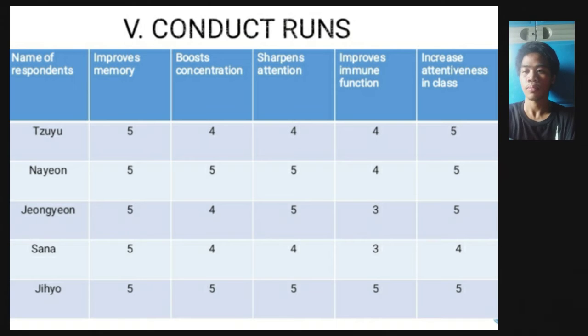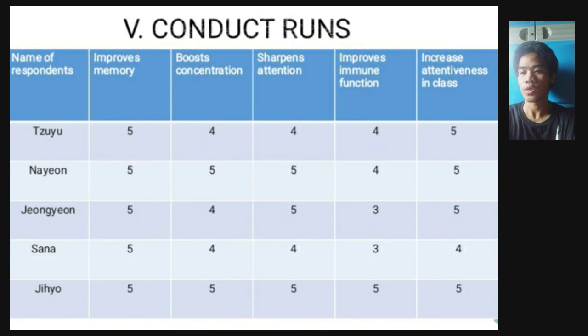Sharpens attention, 4. Improves immune function, 4. Increases attentiveness in class, 5. Next, Nayon. Improves memory, 5. Boosts concentration, 5. Sharpens attention, 5. Improves immune function, 4. Increases attentiveness in class, 5.